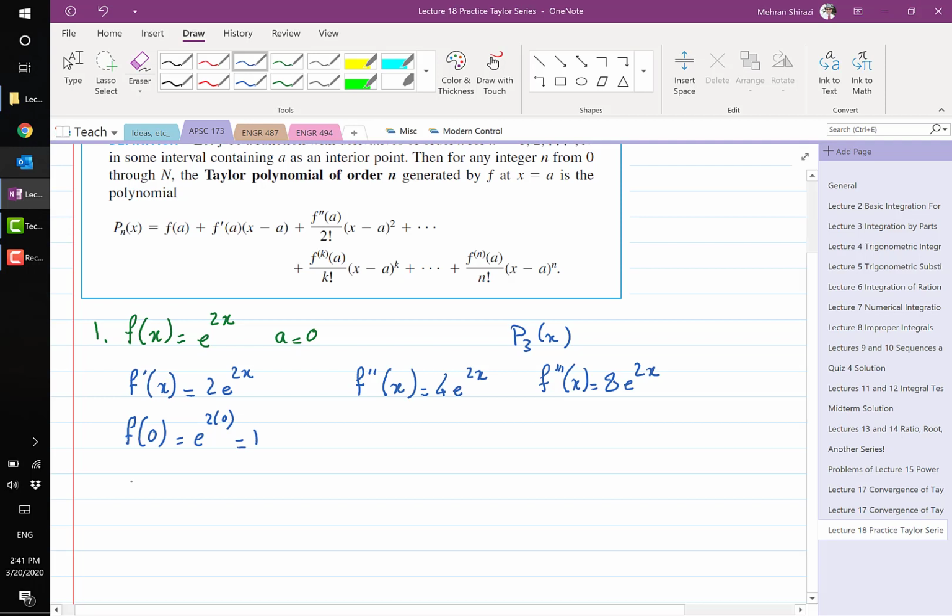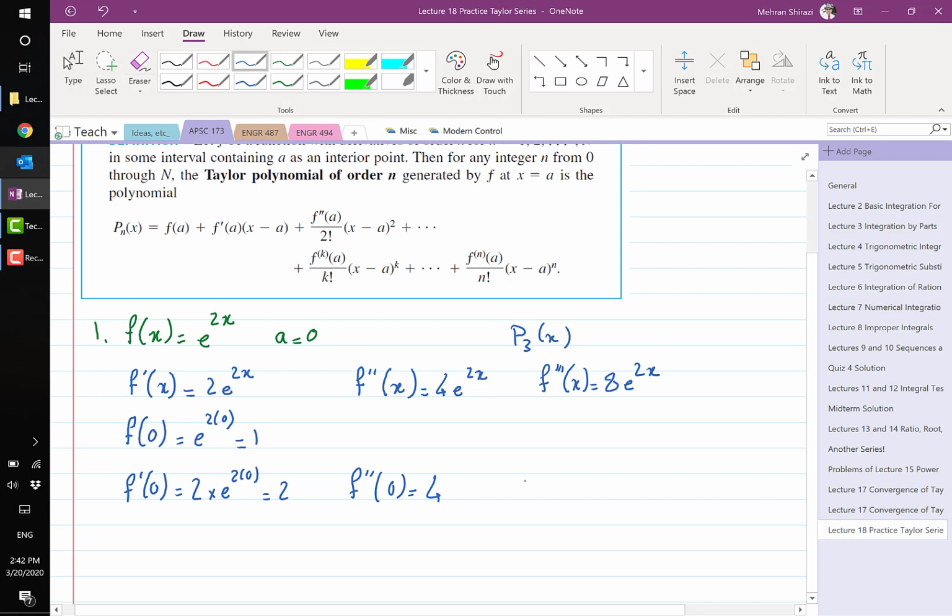We also need f prime at 0. You can see f prime is 2e to the power of 2x. So here it's 2 times 1, which is 2. Similarly, the second derivative at 0 is 4 times e to the power of 0. E to the power of 0 is 1. 4 times 1 is 4.